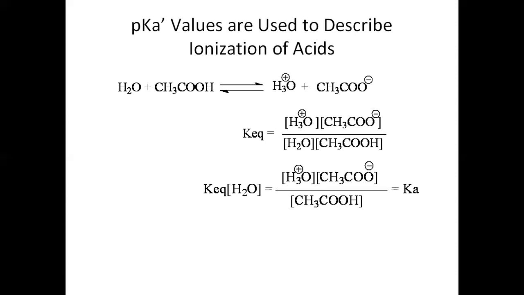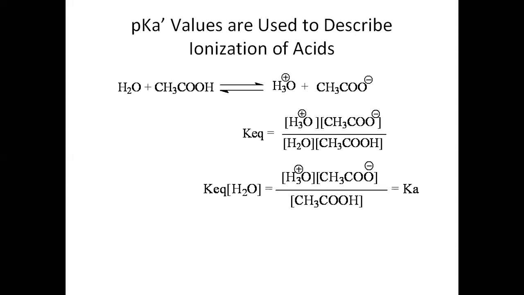Since it is a constant, we can multiply the KEQ by the water concentration to get a Ka, which is the acid ionization constant. For acetic acid, the Ka prime is 1.74 times 10 to the minus fifth, unitless number.